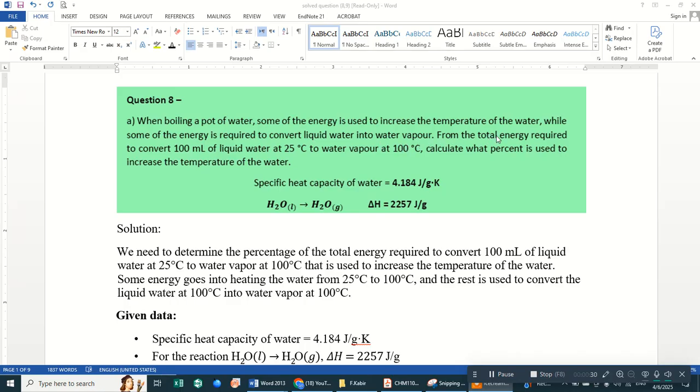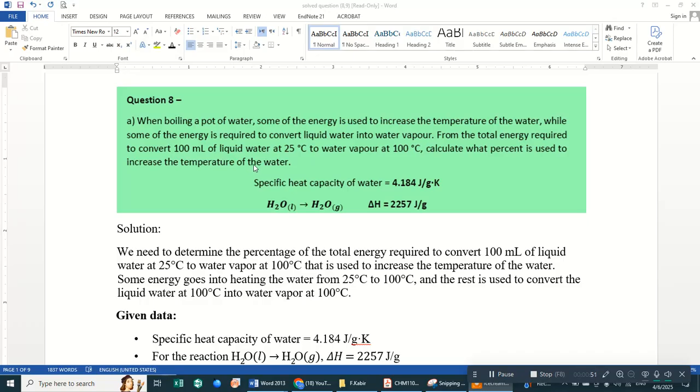From the total energy required to convert 100 ml of liquid water at 25 Celsius to water vapors at 100 Celsius, calculate what percentage is used to increase the temperature of the water.